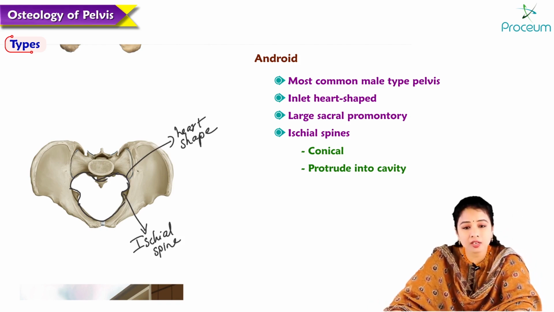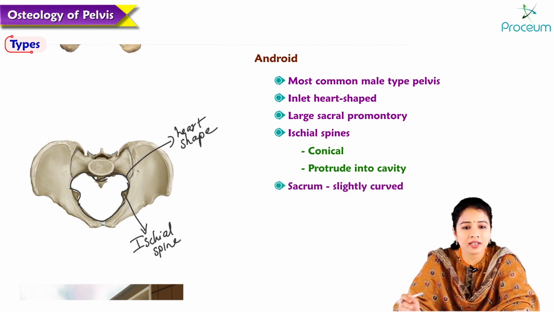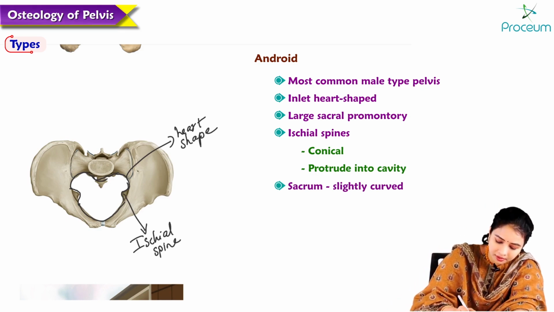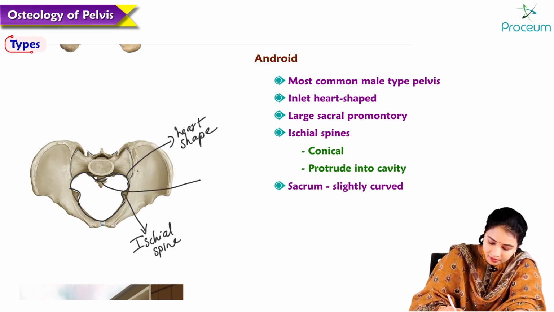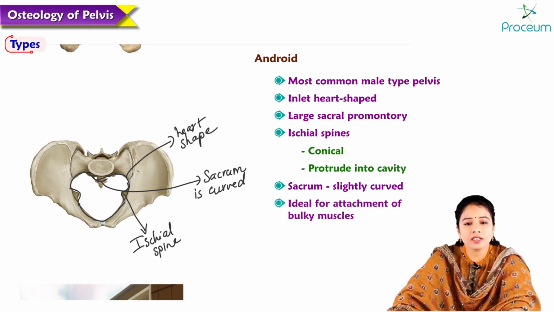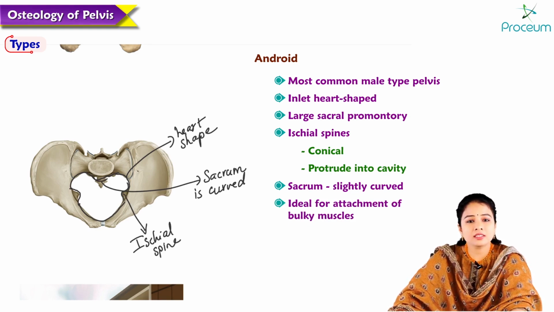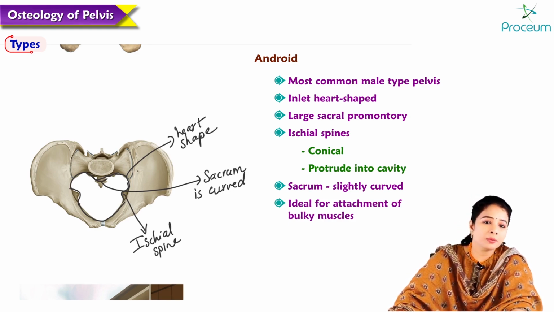So the ischial spines are protruding into the cavity, and we can see the sacrum is slightly curved. So in turn, the sacrum is curved inward. And this is ideal for the attachment of bulky muscles. So that is the reason it is called the android pelvis. Android pelvis is seen in females also.